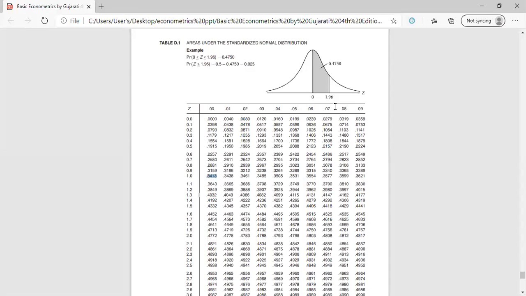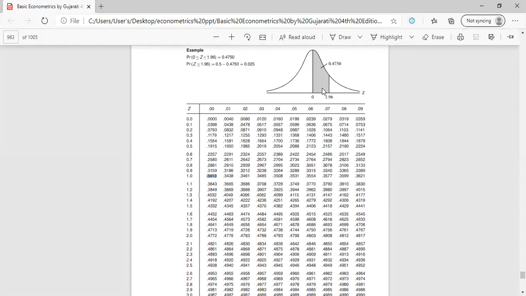What is the probability that Z is greater than 0? 0.5. Yes. So this whole area is 0.5. This area is basically this shaded area, 0 to 1.